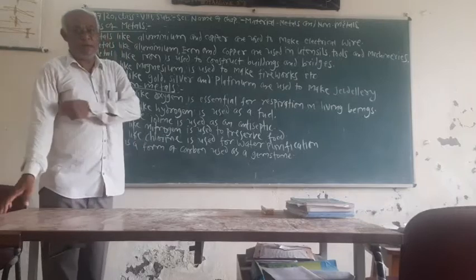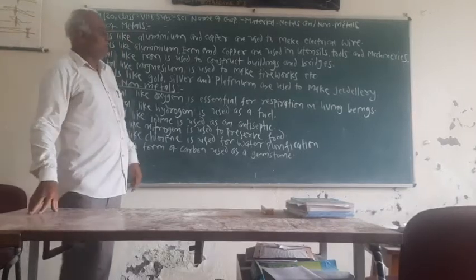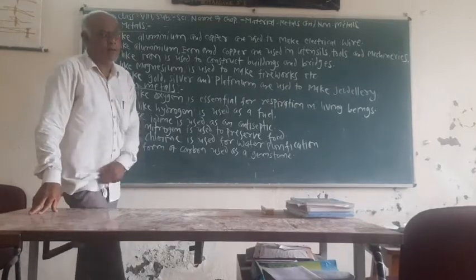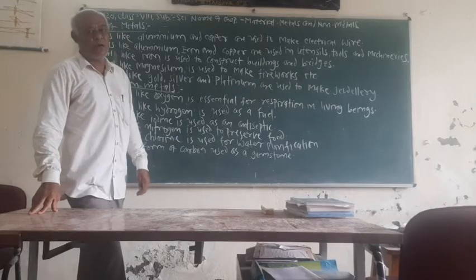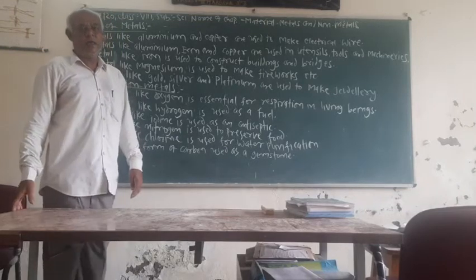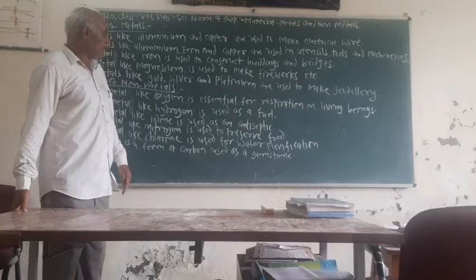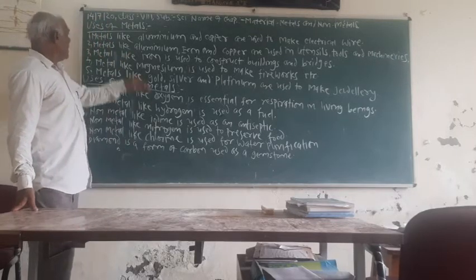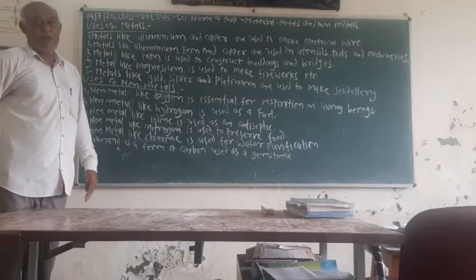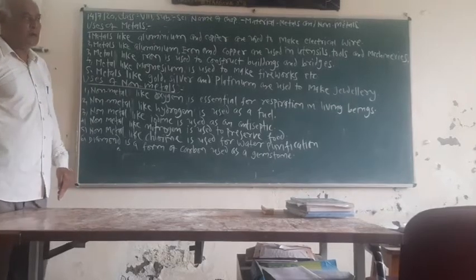For this purpose, they are used to make jewelry because they are noble metals. They do not react with air, water, acid, etc. So these are some common uses of metal.